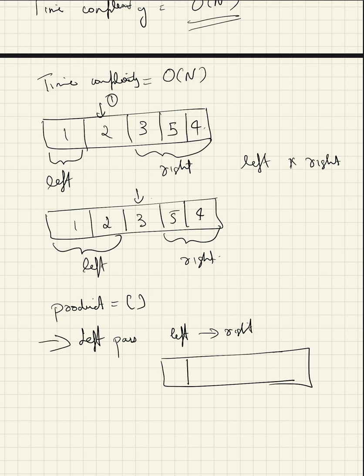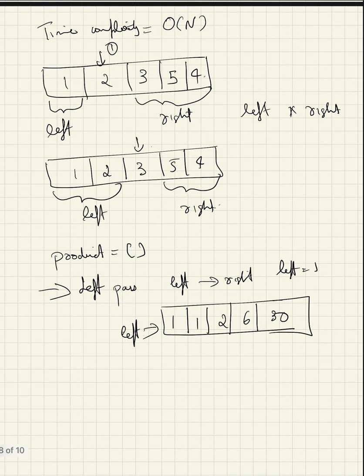We assign a value called left equal to 1 initially, and that value gets appended to the array. For the second index, it is the element times this value, left. So that's again going to be 1. For the next one, it's going to be 2, then 6, and then 30. So this is the first pass, which gives us the left array.